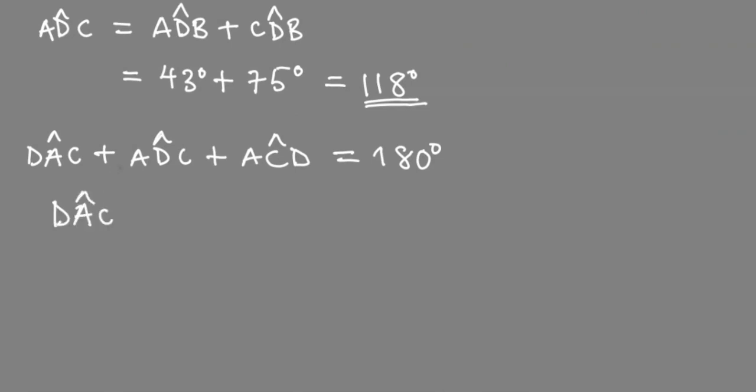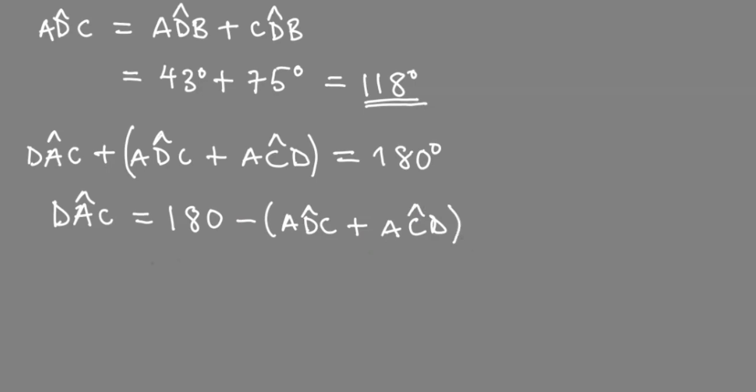What you can do sometimes is put these two in brackets, add them in advance, and then just subtract their sum. Sometimes it's faster, but there are no real rules for which steps you're supposed to follow. As long as you get the same answer, there's no problem.